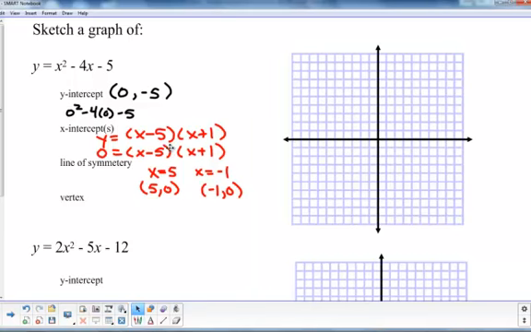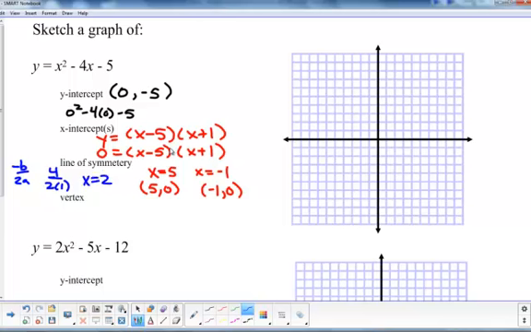And then our line of symmetry is directly in between those two. Or you could do negative b over 2a. If we did negative b over 2a, you would get 4 over 2 times 1, which is 2.